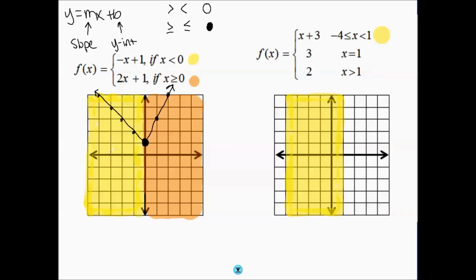Then my second equation is when x equals 1. I'm going to make that my pink equation. So when x equals 1, that's just here. And then the last one will be my orange equation, and that is when x is greater than 1.